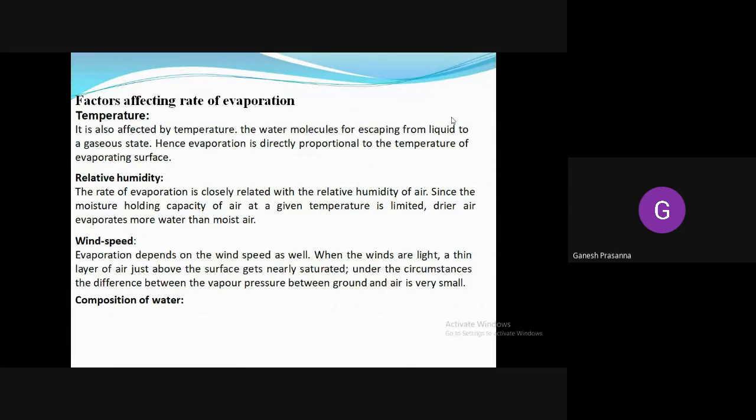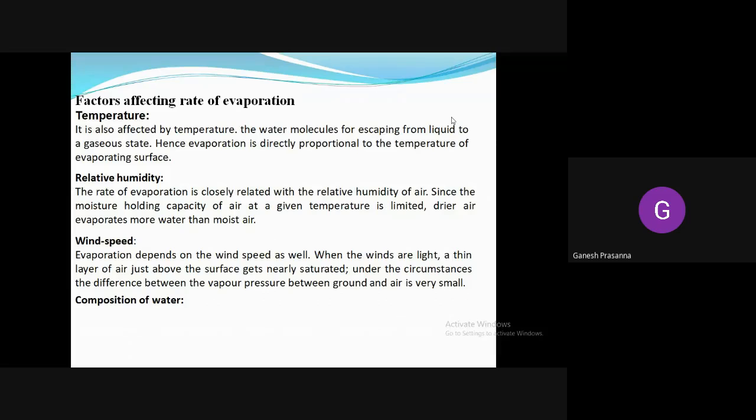The rate of evaporation is closely related to the relative humidity of air because the moisture holding capacity of the air at a given temperature is limited. That is, drier air evaporates more water than moist air. If the humidity is very low, then the air will be drier. It has more capacity to evaporate than the moist air.